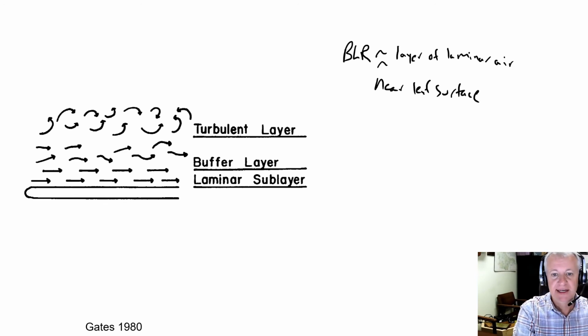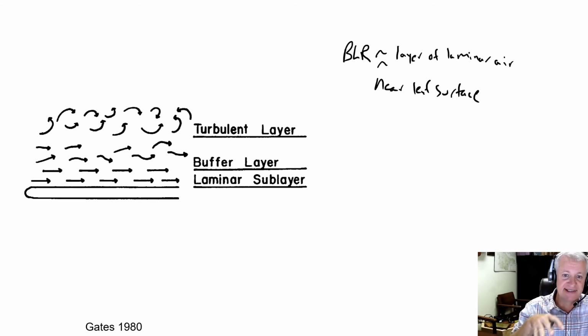Now, in just the atmosphere, air tends to be turbulent. So away from surfaces, the air is sort of moving randomly in different directions. But as that turbulent air encounters a surface like a leaf, it slows down and it becomes more organized.